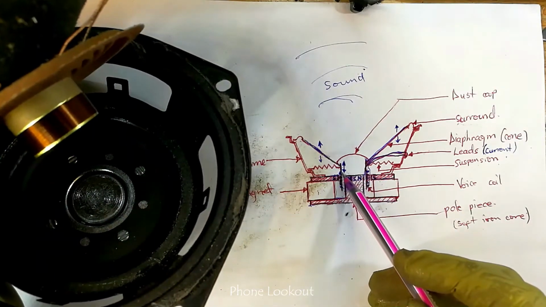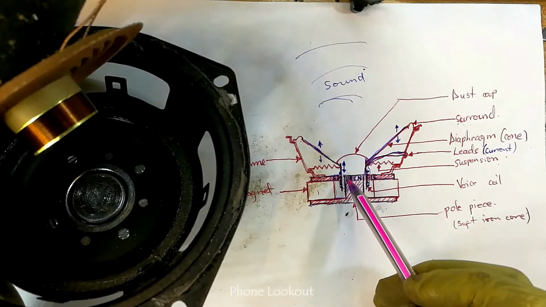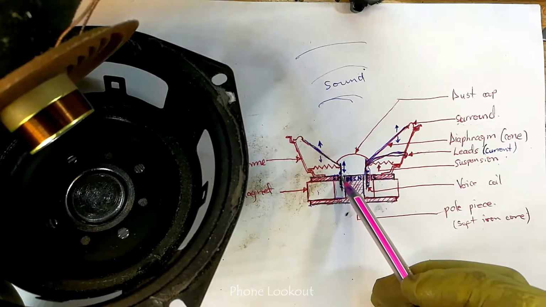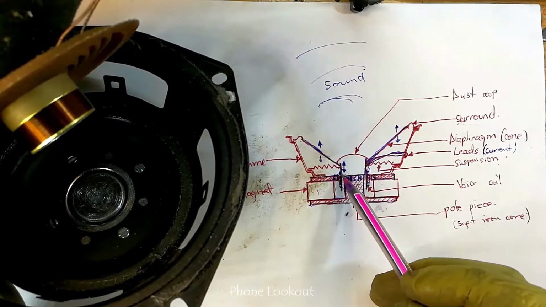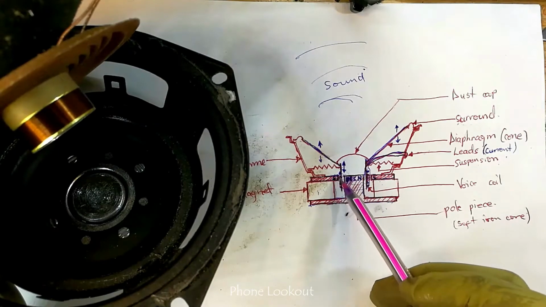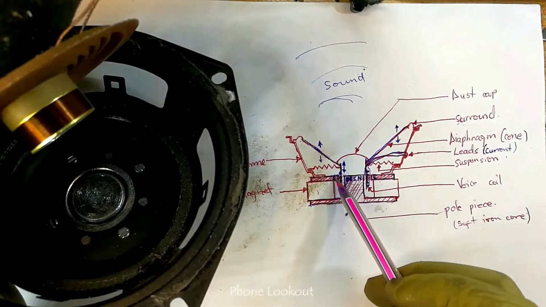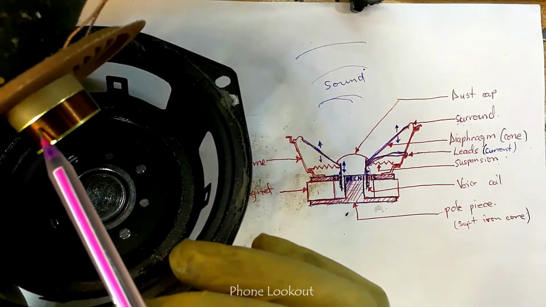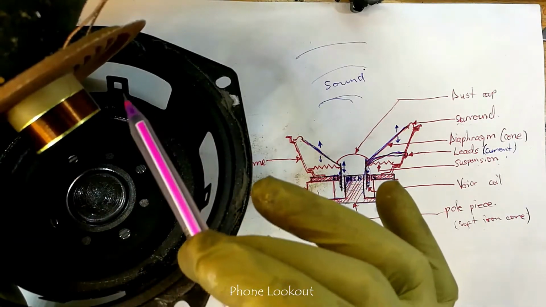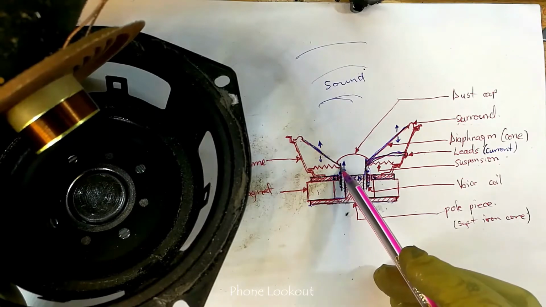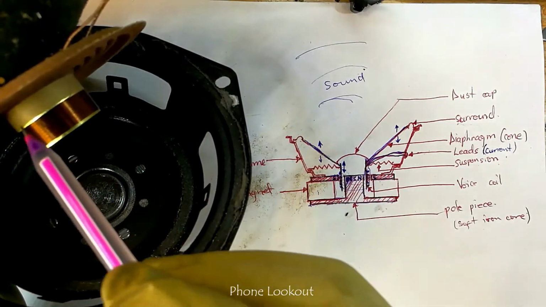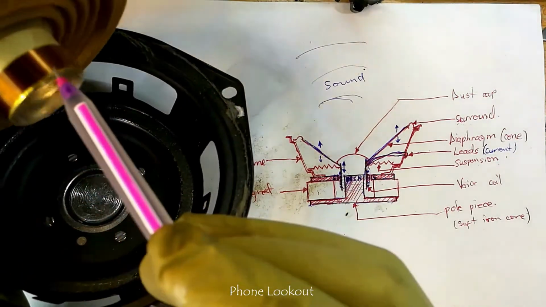The second essential component is the coil, those beads right there that are suspended in the magnetic field created by the pole pieces. That coil is mounted onto the shaft, the cylindrical shaft right there.